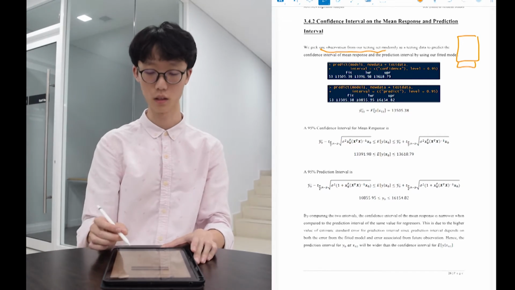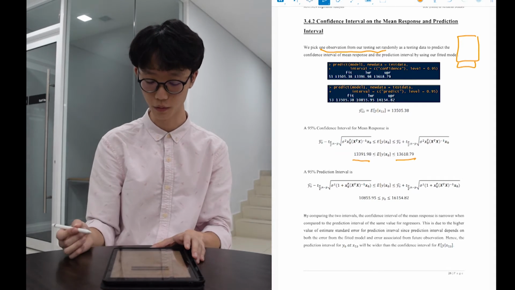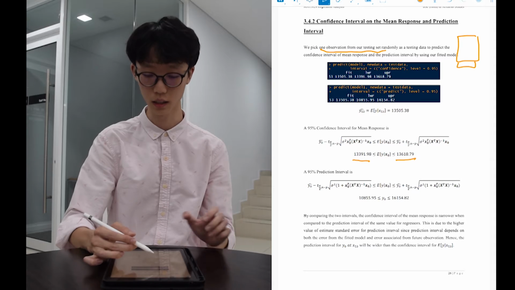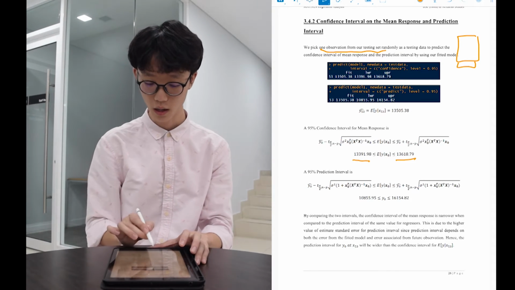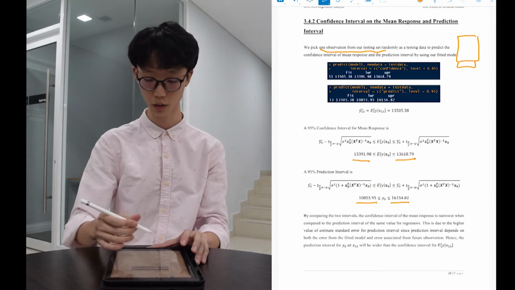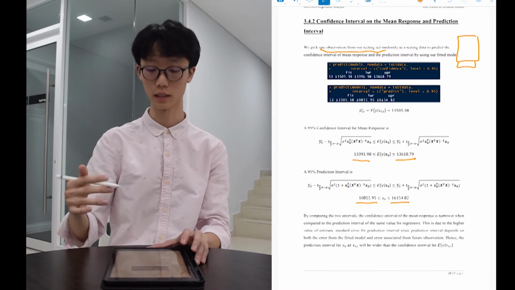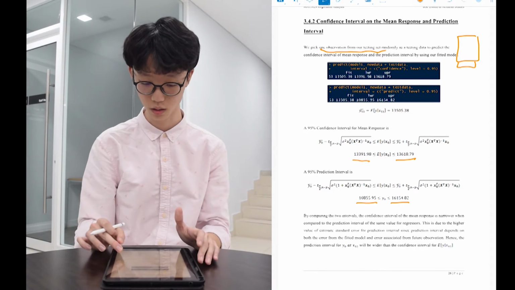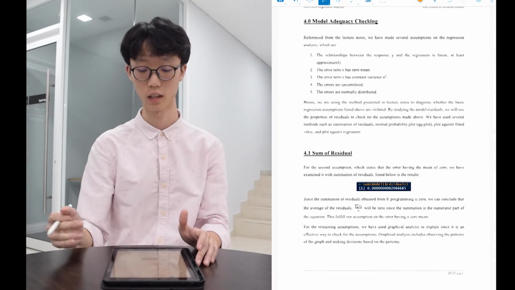You can observe that the mean response confidence interval is 13,391 to 13,618, while the prediction interval is very much wider, from 10,855 to 16,154. I'll proceed to model adequacy checking.